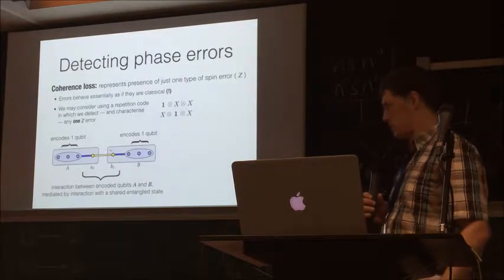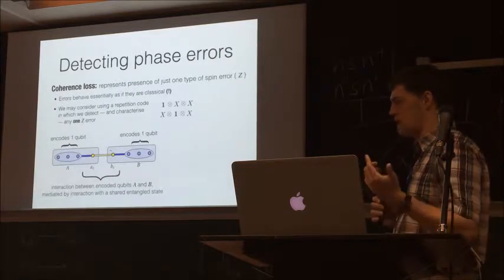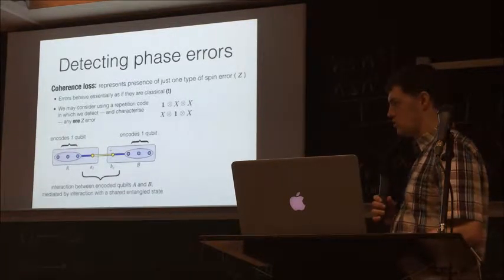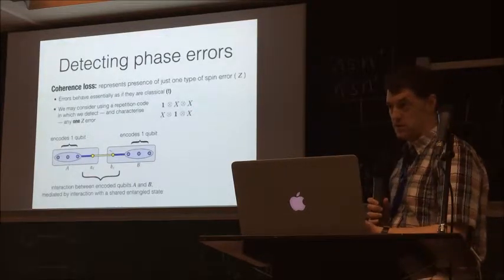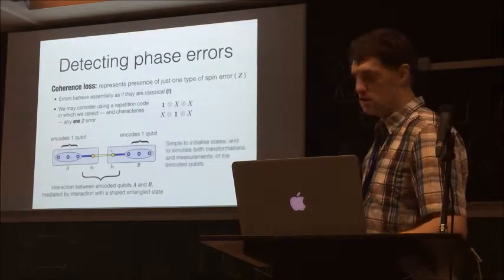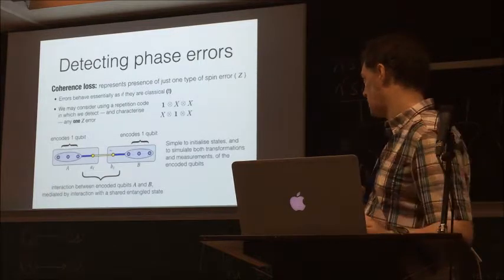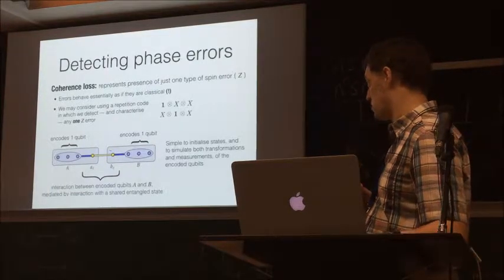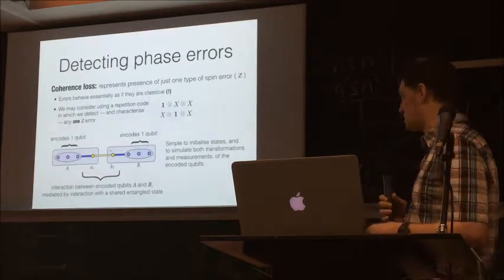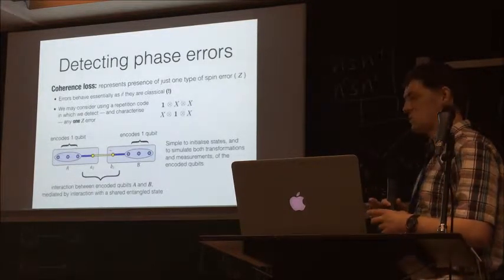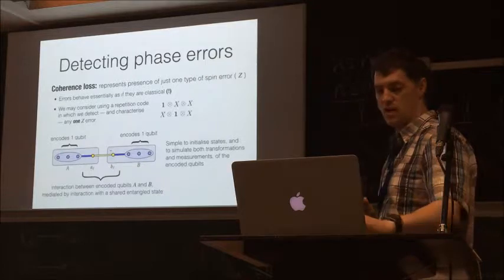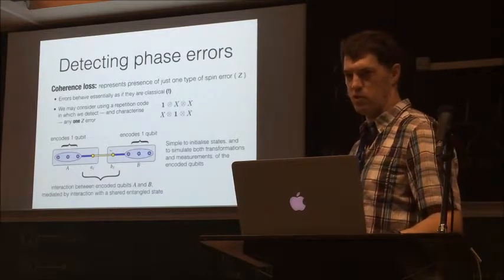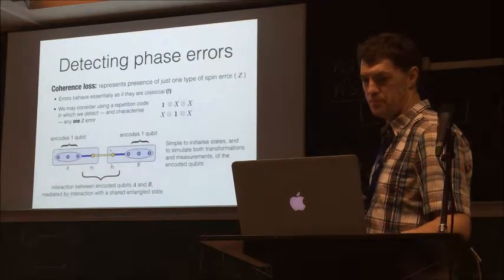I won't get into details about that, but you can use entanglement to mediate 2 qubit interactions, even if those qubits are far away from one another. So in this encoding scheme, it's actually a reasonable way to do things. You can easily initialize states, simulate transformations within each module and between modules, and measurements. The measurements that you want to perform when you want to get the outcome to your computation.